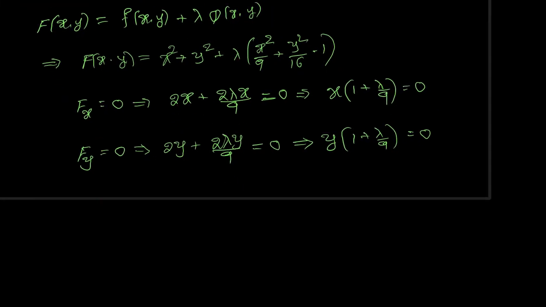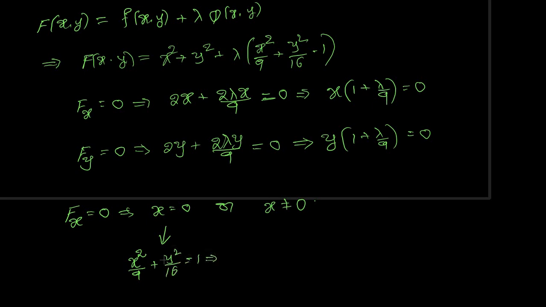So here there are two situations. Fx equal to 0 tells me that either x equal to 0 or x is not equal to 0. If x is not equal to 0, it means 1 plus lambda by 9 equal to 0. If x equal to 0, it has to satisfy the constraint: x square by 9 plus y square by 16 equal to 1.